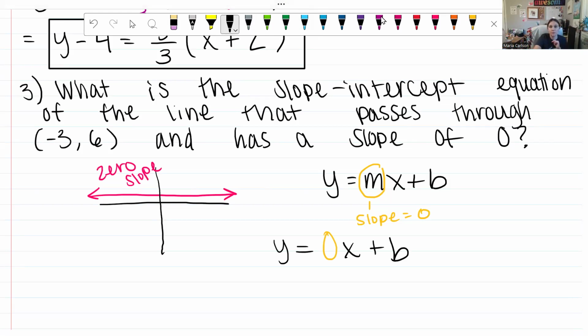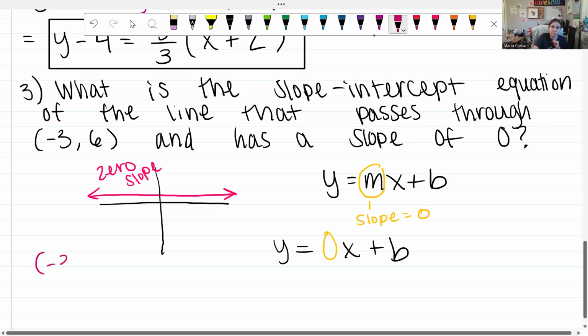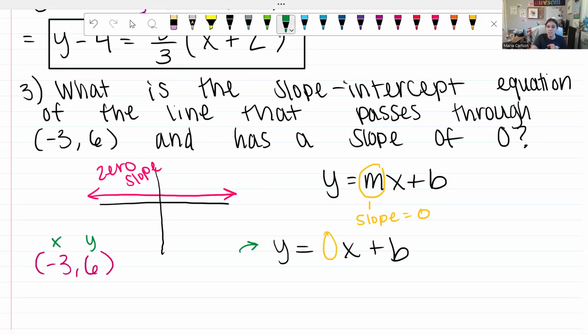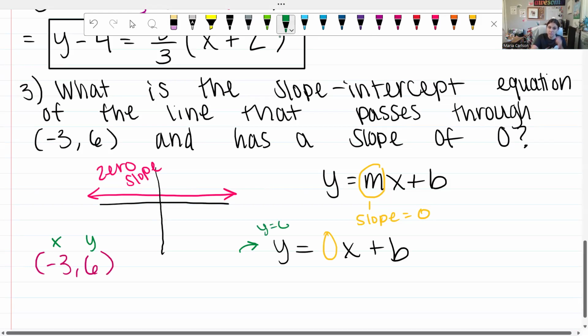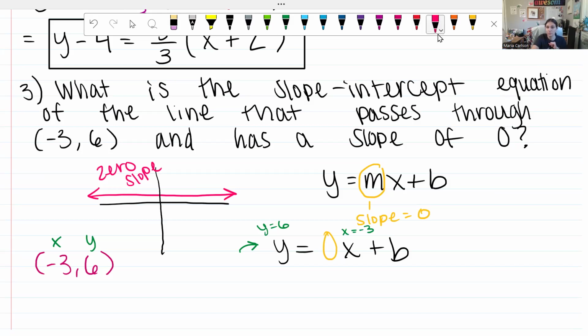I do, however, know this point, -3, 6. This is an x value and a y value that works for this equation. It's true. It's a point on this line, so it should work here. So if I substitute in 6 for y and -3 for x, based on the ordered pair we are given, then we can solve for whatever b is.